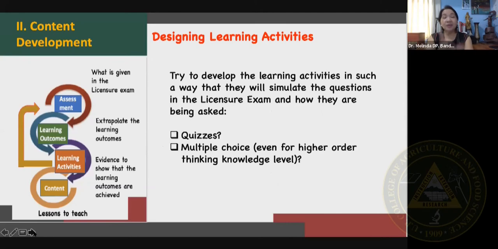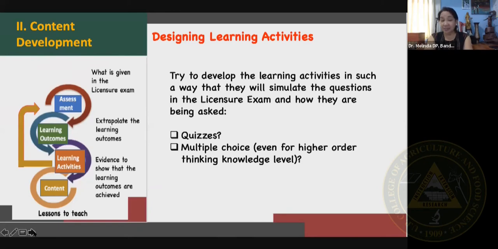So ano-ano yung mga yon? I put here again as a tip, try to develop the learning activities in such a way that they will simulate the questions in the licensure exam and how they are being asked. Kung kakayanin natin yon, let us try to do that as part of our learning activities.